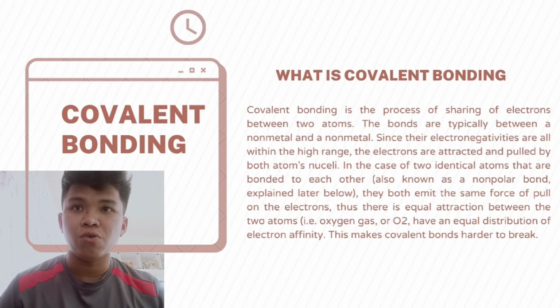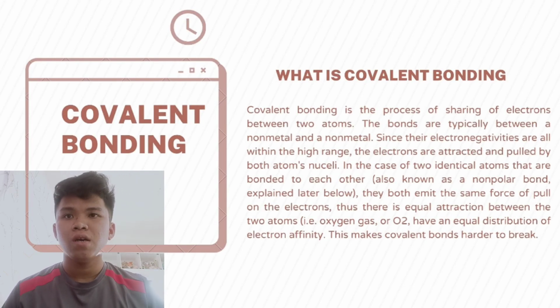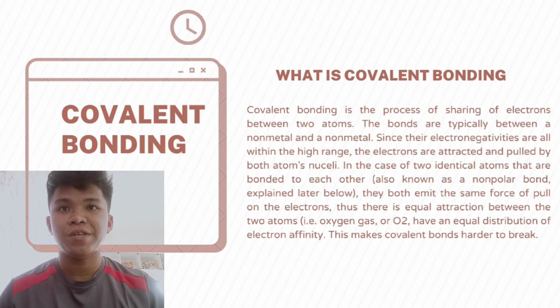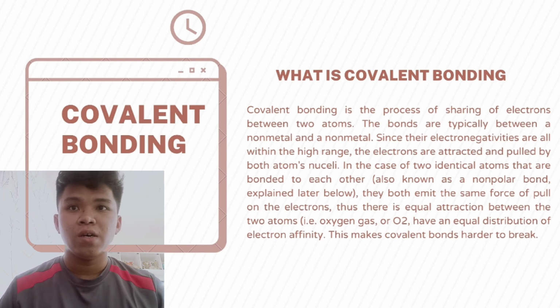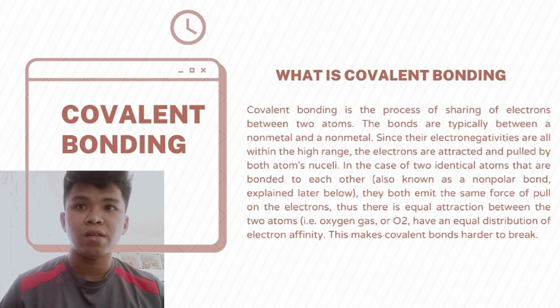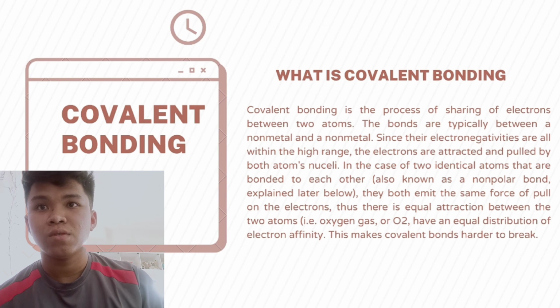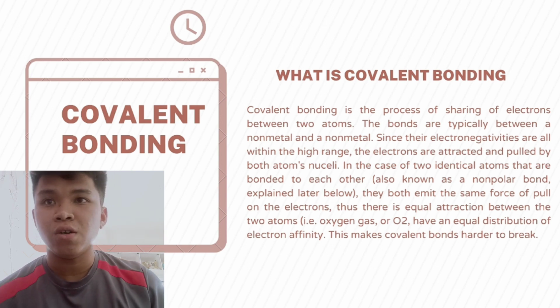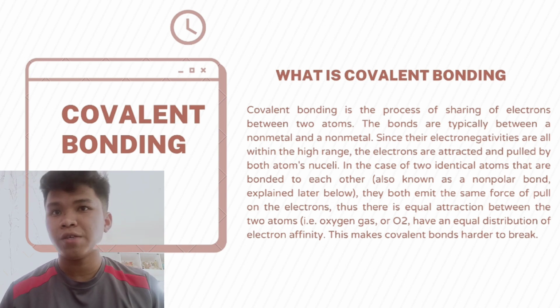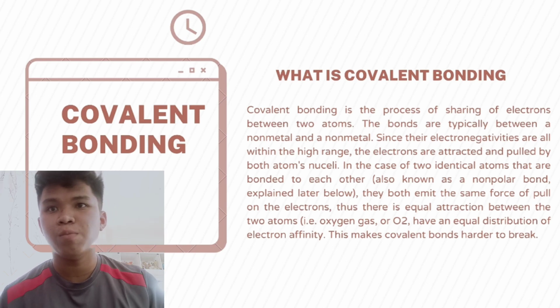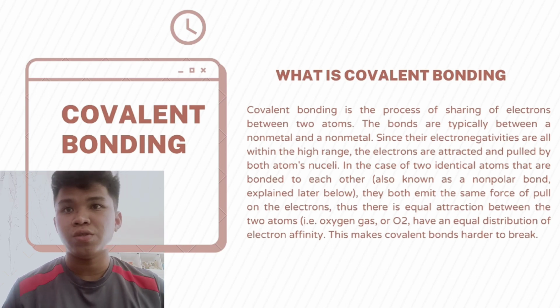So let's proceed to the covalent bonding. Covalent bonding is the process of sharing electrons between 2 atoms. The bonds are typically between a nonmetal and a nonmetal. Since their electronegativity values are all within the high range, the electrons are attracted and pulled by both atoms' nuclei.